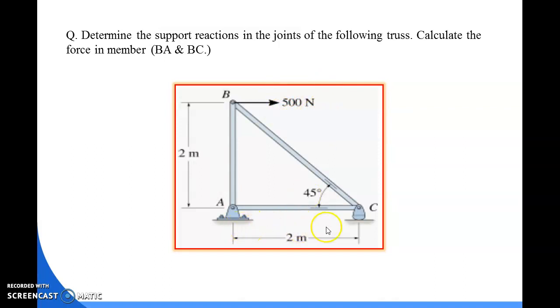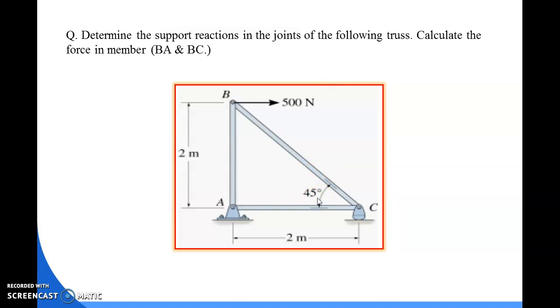The distance of AC is 2 meters. The distance of member AB is 2 meters, and the angle at joint C is 45 degrees.